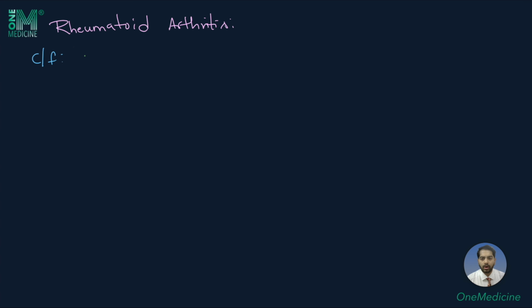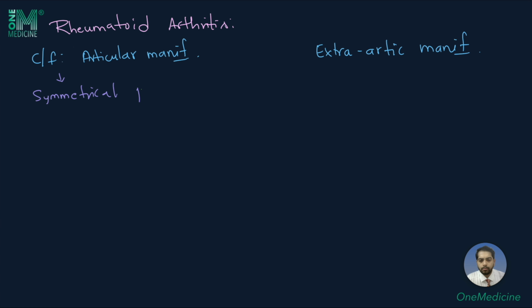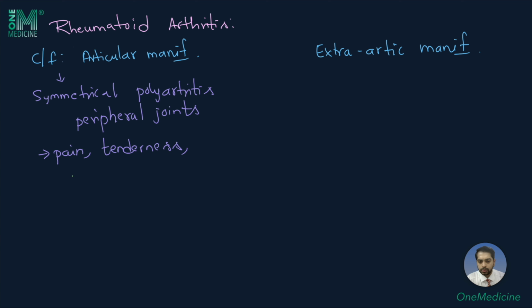Clinical features can be broadly classified into articular manifestations and extra articular manifestations. Articular manifestations include symmetrical polyarthritis involving peripheral joints. Features include pain, tenderness, and swelling of affected joints.